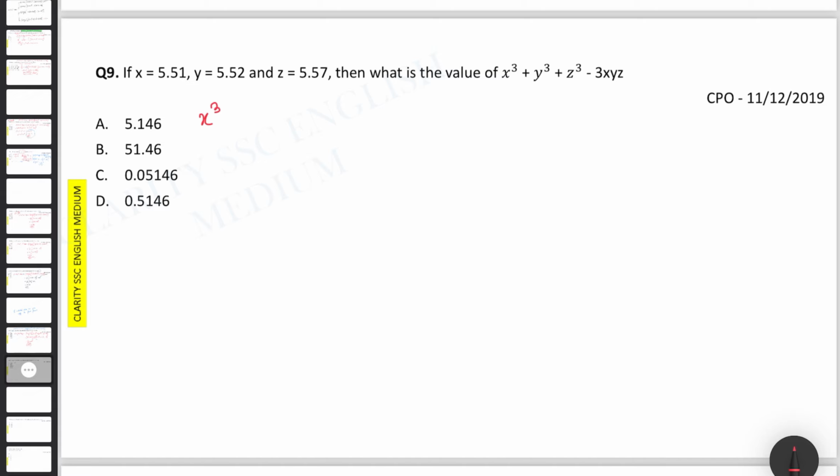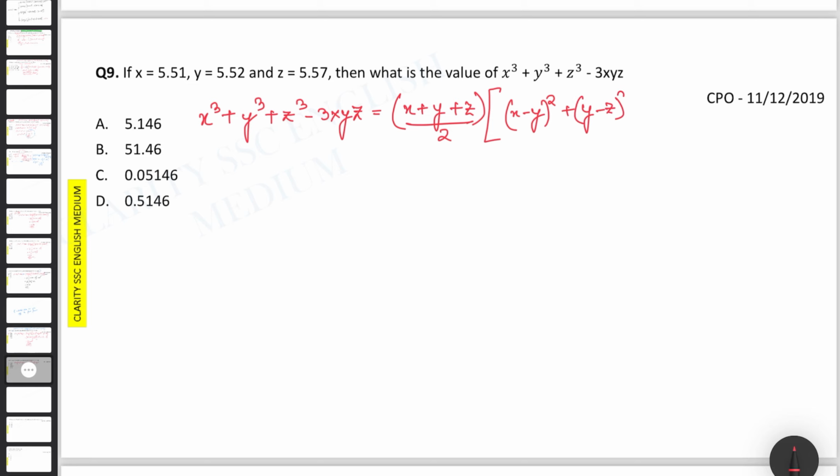What is the fourth formula? x cube plus y cube plus z cube minus 3xyz is equal to (x plus y plus z) divided by 2 into (x minus y) whole square plus (y minus z) whole square plus (z minus x) whole square. This is the fourth formula.